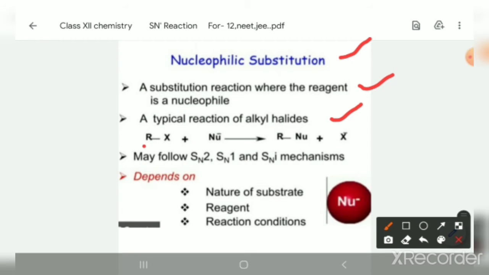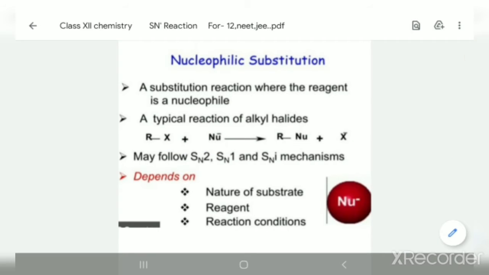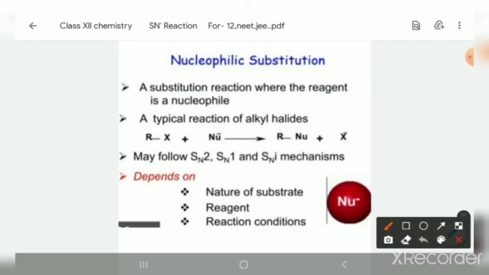R is an alkyl group, X is a halogen, Nu is a nucleophile. Here X and nucleophile both have the minus sign, but the nucleophile will be more powerful than X. That is why this nucleophile replaces the X from here, and from this compound X minus is eliminated.